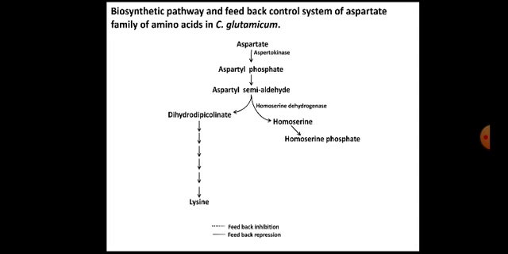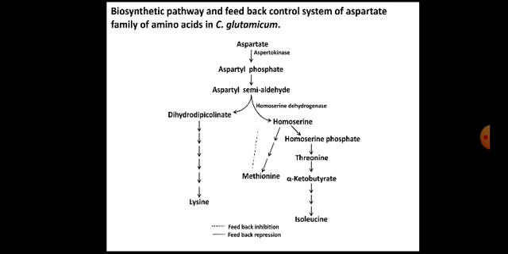Homoserine further gets converted to homoserine phosphate, threonine, alpha ketoglutarate, and subsequently it gets converted to isoleucine. From homoserine, there is a branch point which leads to synthesis of one more amino acid, that is methionine. This is the biochemical pathway, and the feedback control mechanism is like this.